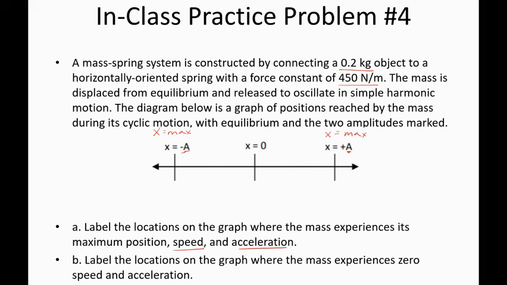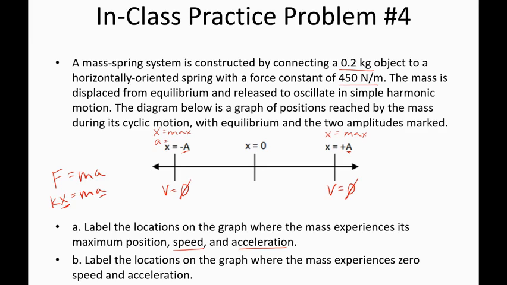So when we're looking at speed, at our maximum position, velocity equals 0. Okay, and then acceleration. When I'm looking at acceleration, my acceleration is going to be the greatest at my maximum displacement, and that's because force equals mass times acceleration, and force in this case equals kx. So when we're at our maximum displacement, we're at our maximum acceleration.